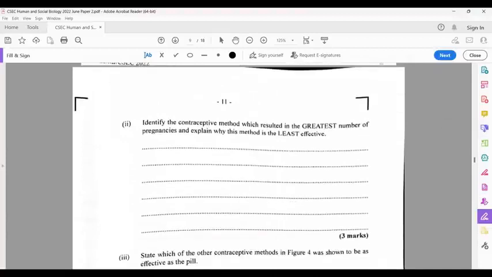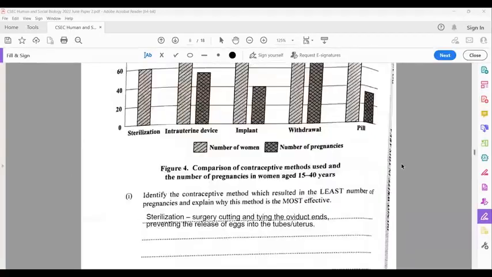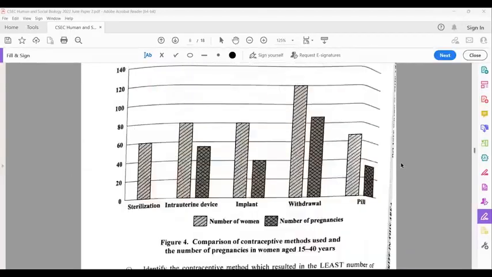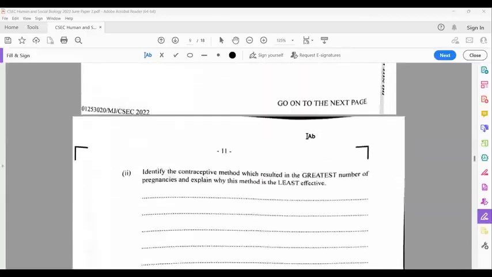Identify the contraceptive method which resulted in the greatest number of pregnancies and explain why this method is the least effective. If we go back to the chart, we're looking for the highest number of pregnancies, which is withdrawal, about 85-ish, just under 90. So it really wasn't a good method.